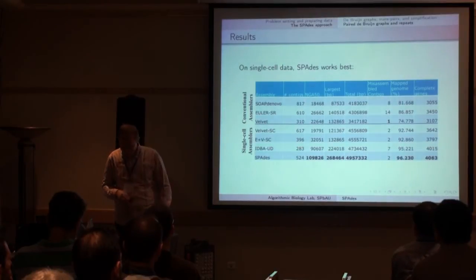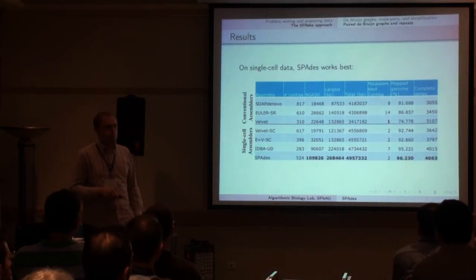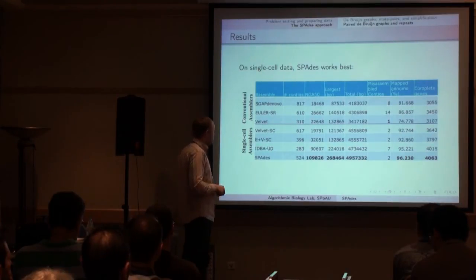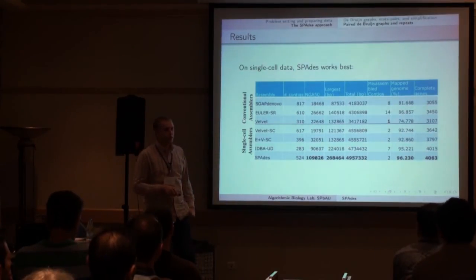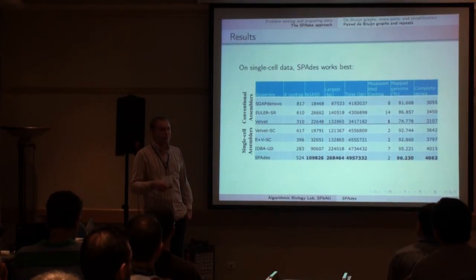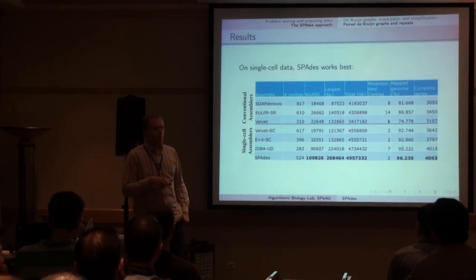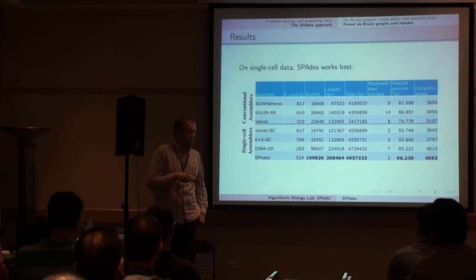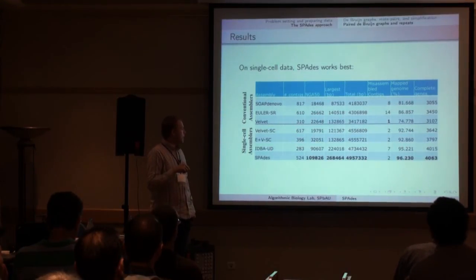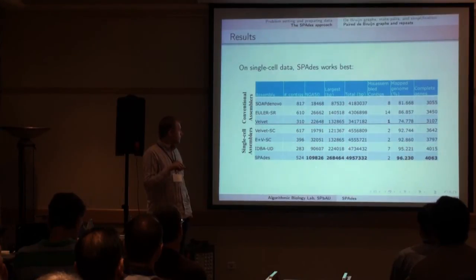All right. So basically, I have tried to convince you that SPAdes has many novel ideas, and now the only thing left to convince you is that these ideas work. And here are some empirical results from single-cell data sets. On single-cell data, well, this is one of the data sets.